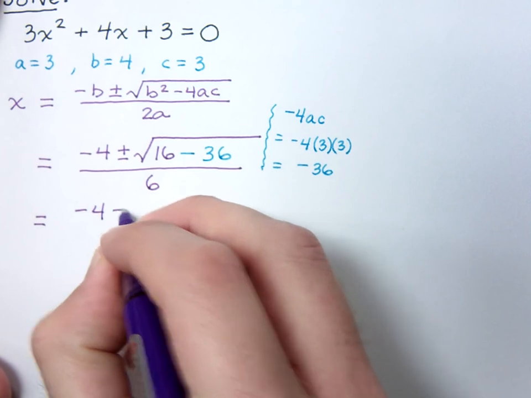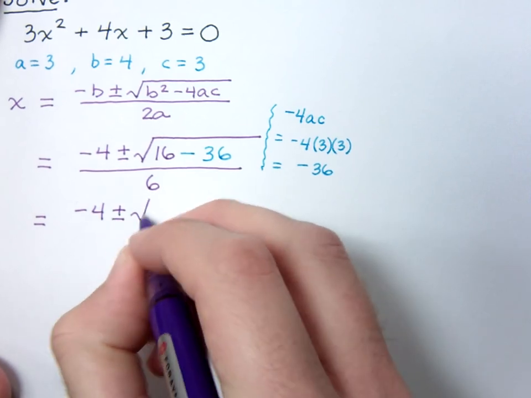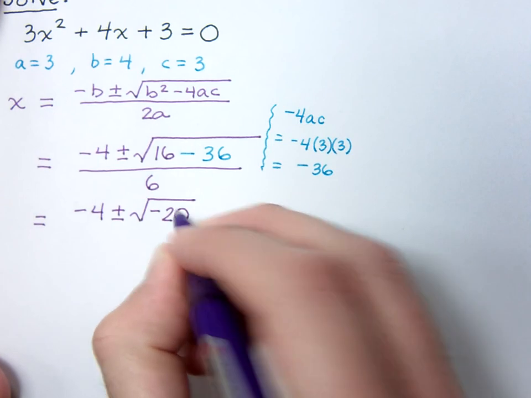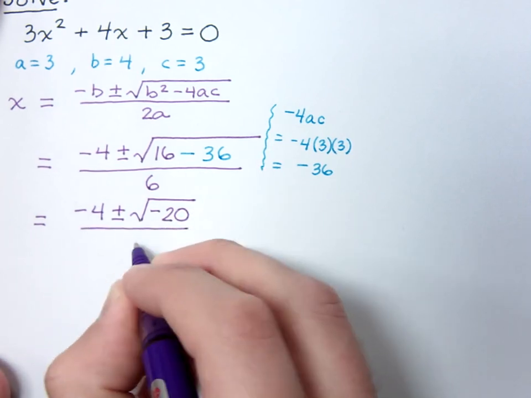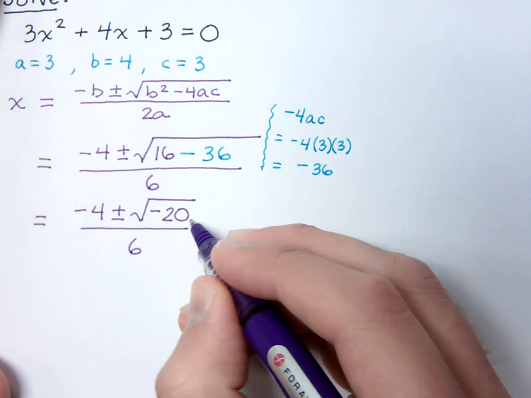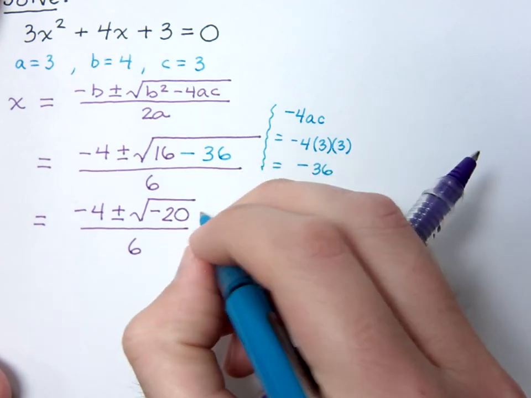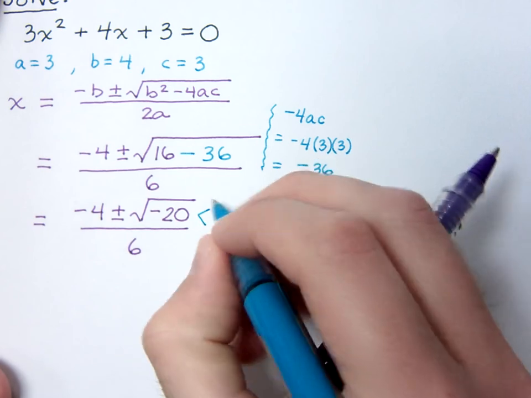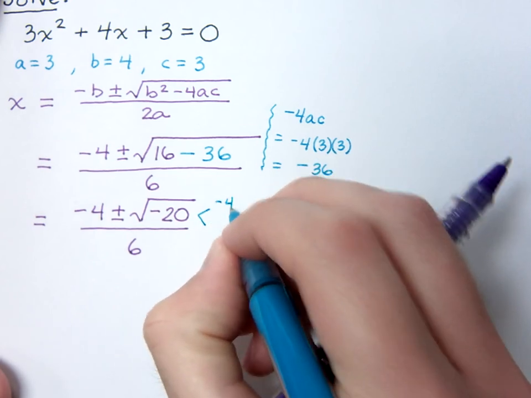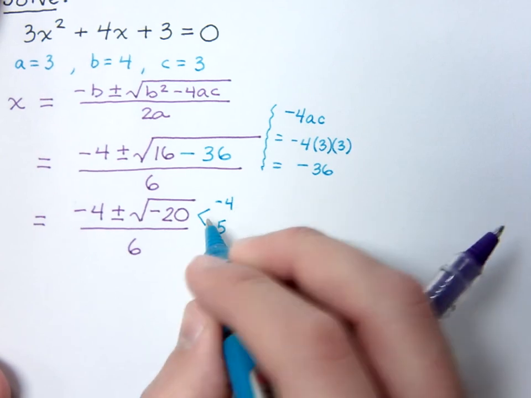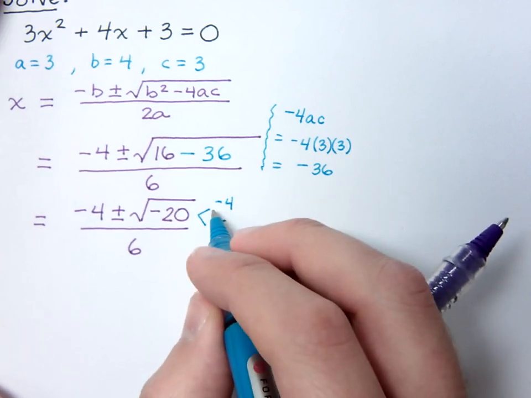We have -4 plus or minus the square root. This gives me -20 on the inside, still over 6. Now we need to reduce this square root of -20. Remember that we break this down into its factors. We can use -4 times 5. 4 is a perfect square, and of course this negative here means I'm going to have to pull out an i.